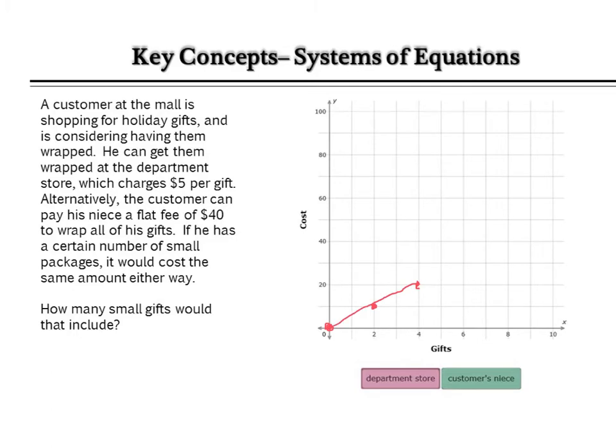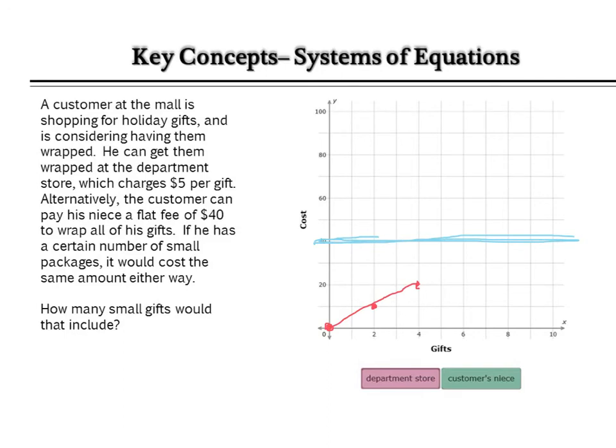His niece would charge him $40 to wrap all the gifts. So the niece line is just straight across at $40. We just need to find out where the red line goes across at $40.